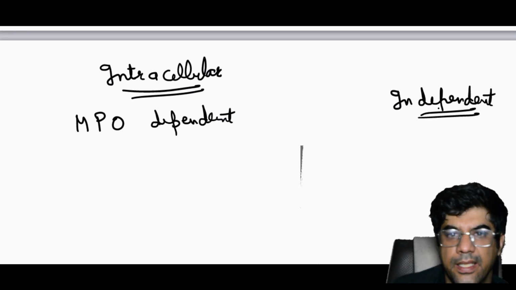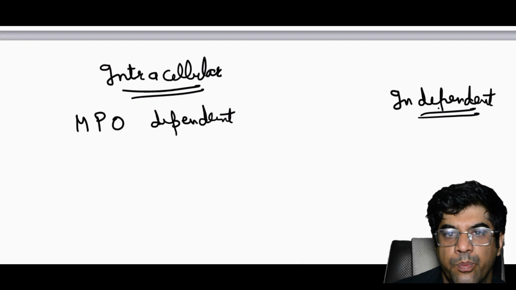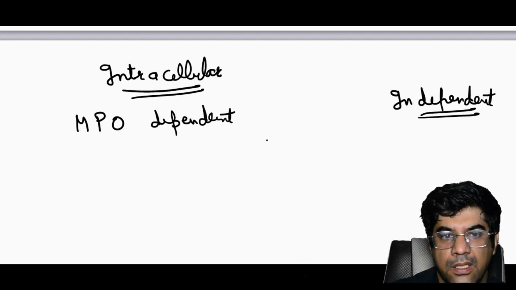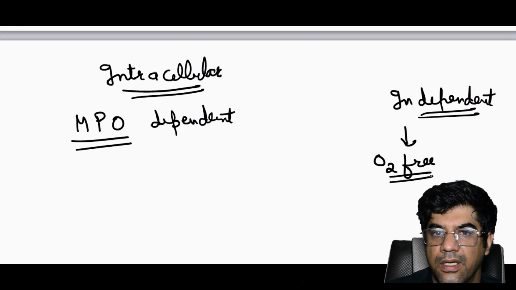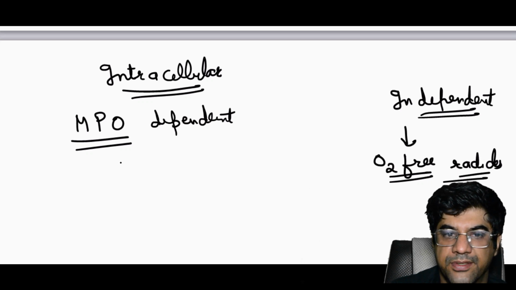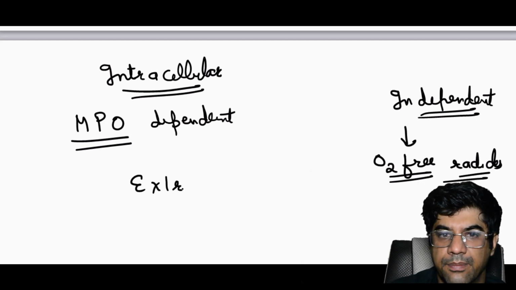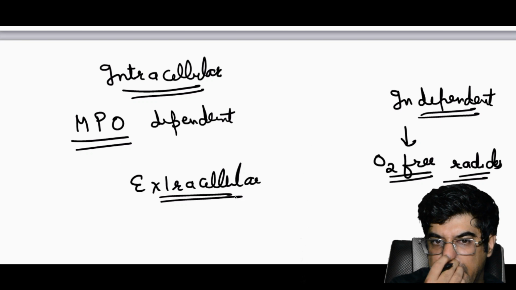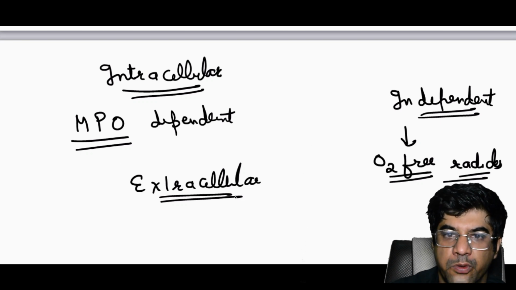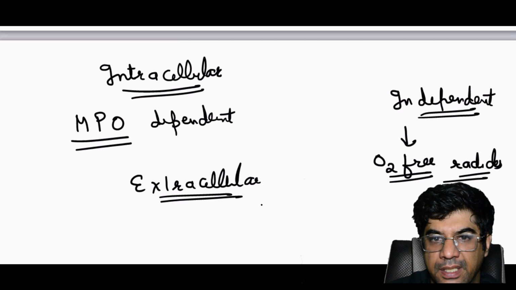The MPO dependent pathway uses myeloperoxidase to produce toxic substances, whereas MPO independent uses other oxygen free radicals to kill the microorganisms. The other can be the extracellular mechanism. Sometimes the killing and degradation occur outside the phagocytic cells using some enzymes and toxic substances.